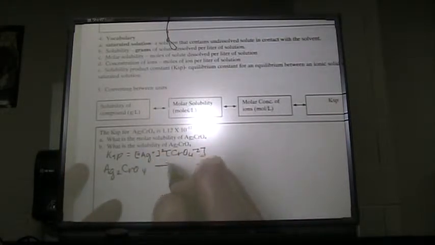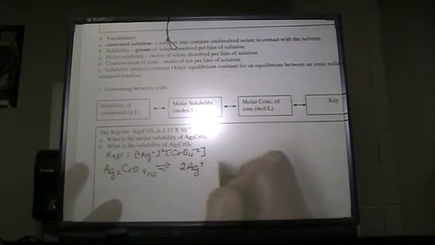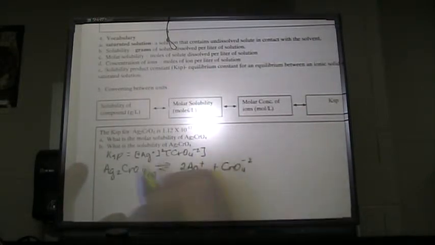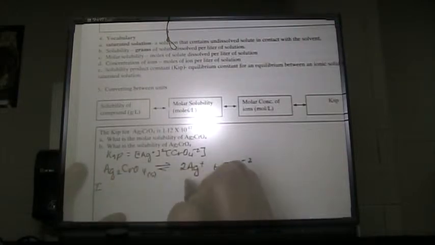What's going on is the silver chromate initially is a solid. Once it reaches equilibrium, you have 2 ions of silver and 1 chromate ion. So initially you have none of this. We don't really worry about the concentration of the solid because it's not going to be a player in our RICE table.